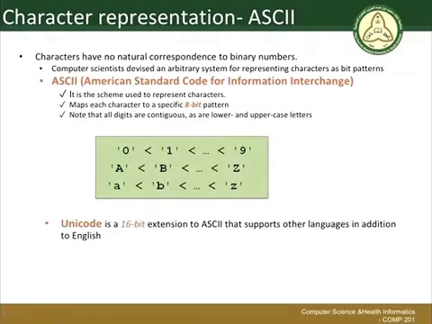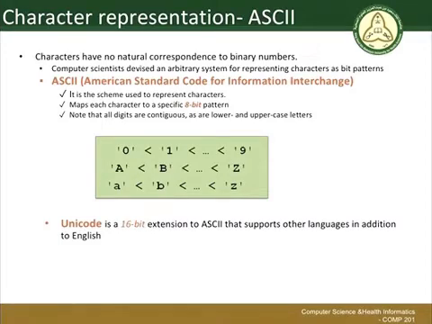If we want to talk about how we represent a character in the computer, there is no natural correspondence to a binary number. We cannot do it the same way as when we talked about the decimal number, and how we get the value of the decimal number, or in the same way, how we get the value of the binary number in regard to the decimal number.